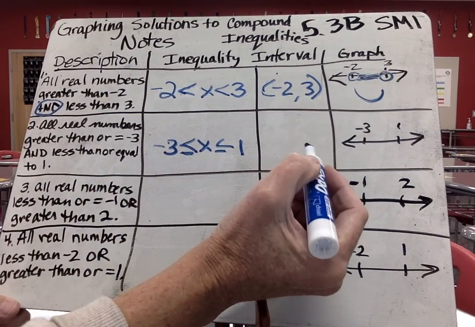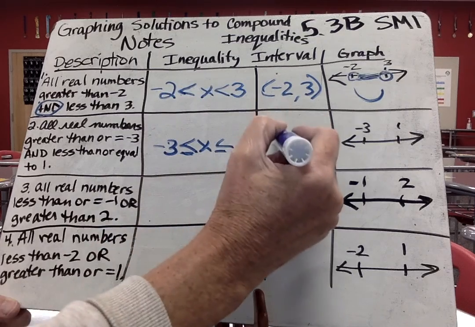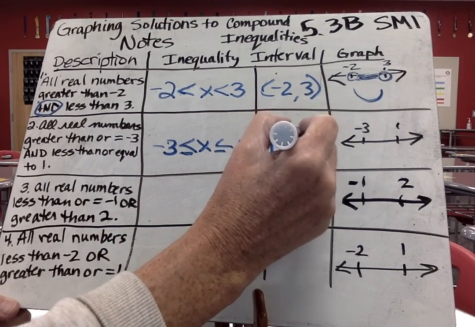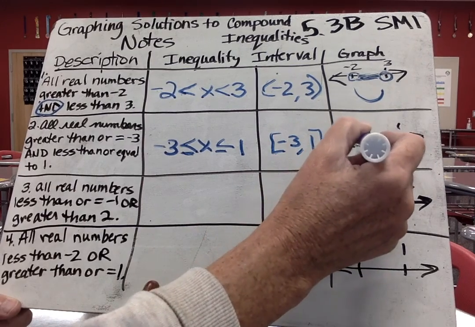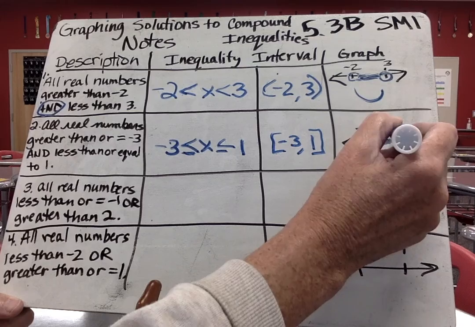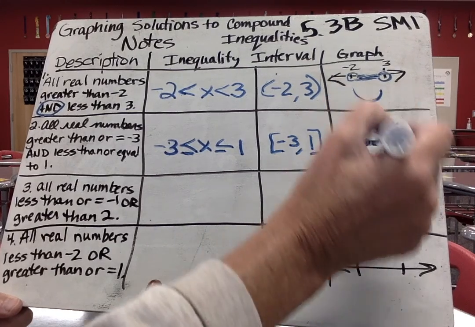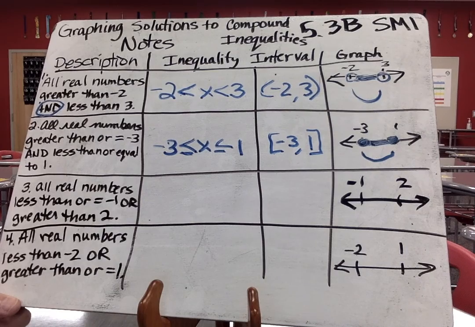Our interval this time includes our endpoints, so it includes -3 and 1. And on our graph, both endpoints are included. Not quite as happy, but still having a good time.